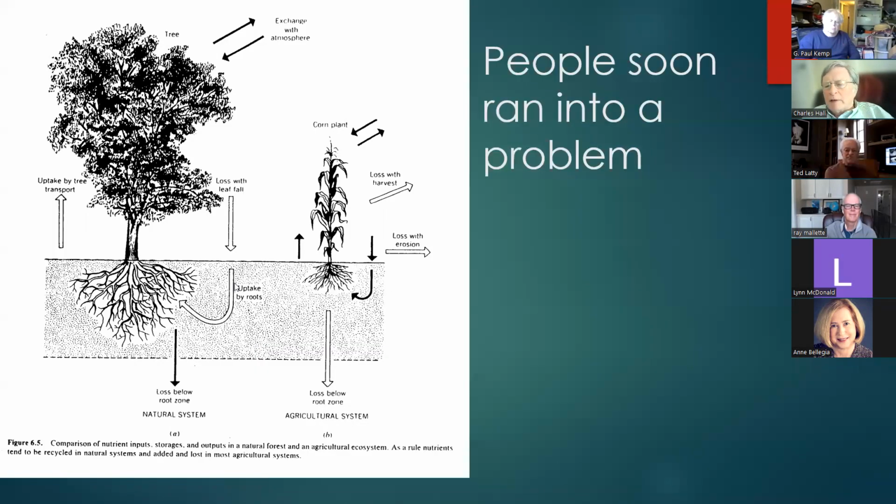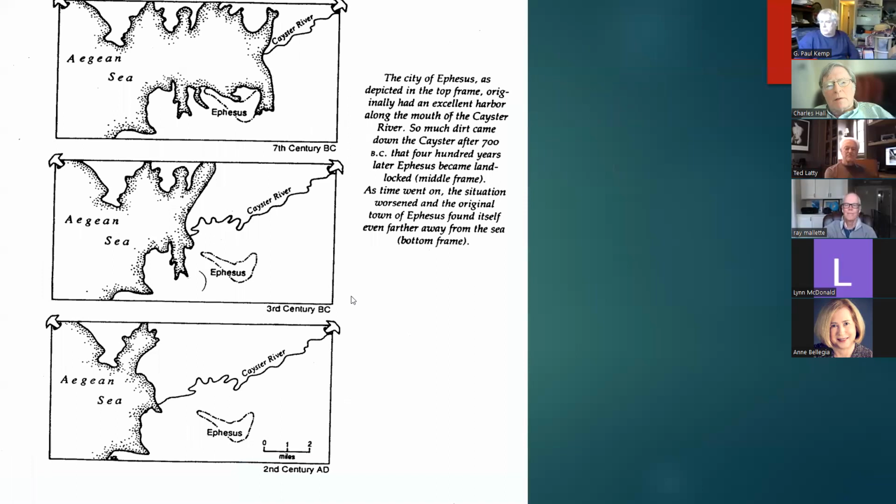Now, as soon as you have agriculture, though, you run into a problem because you see the tree has much deeper roots and can pull nutrients from a much deeper depth. But with corn, you have erosion and you have loss of nutrients that the roots can't get. And together, they make a terrific amount of erosion.